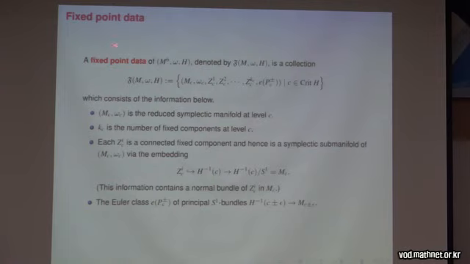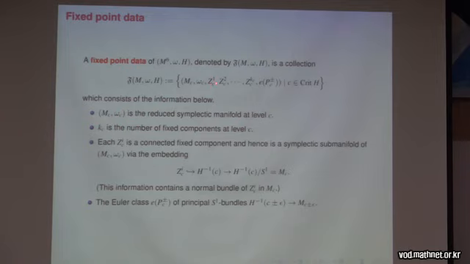So here is the definition of fixed point data. I mainly concentrate on the 6-dimensional case. Suppose we have a semifree closed monotone manifold. Then the fixed point data consists of the following. Here are the M_C for each critical value. (M_C, ω_C) is the reduced symplectic manifold at level C. So even though C is a singular, critical value, this space is a smooth manifold.